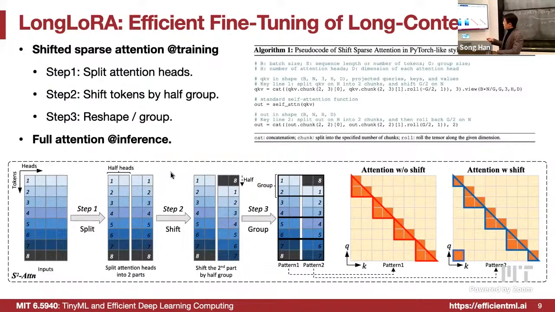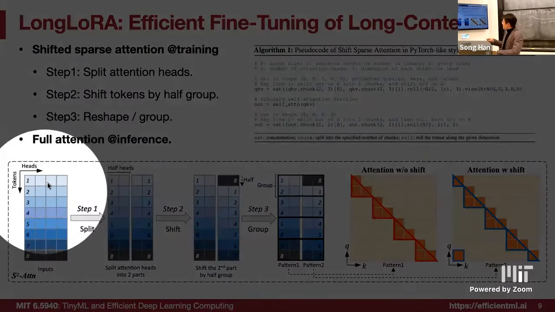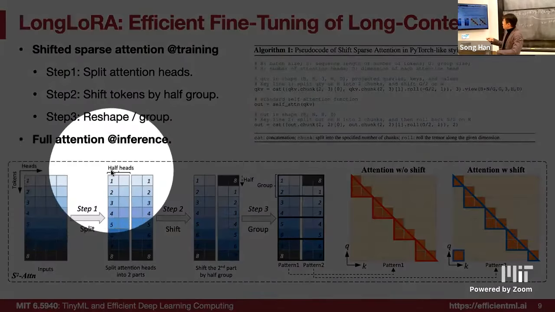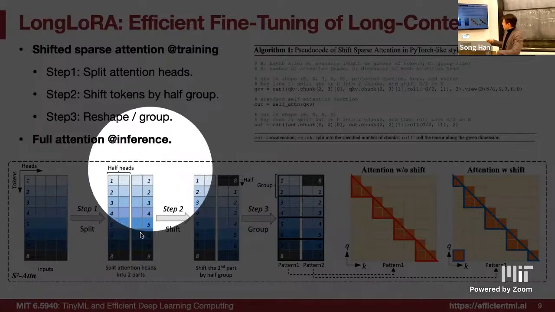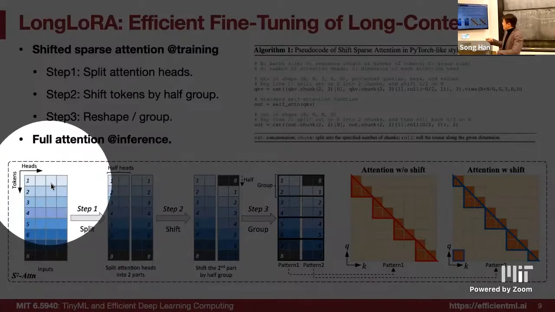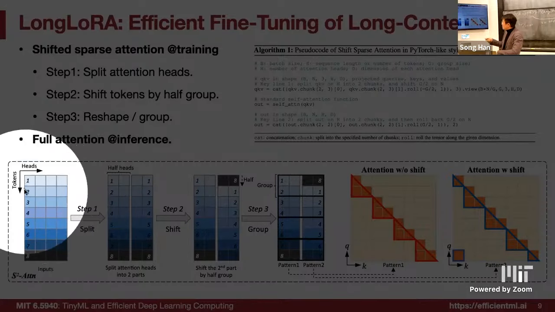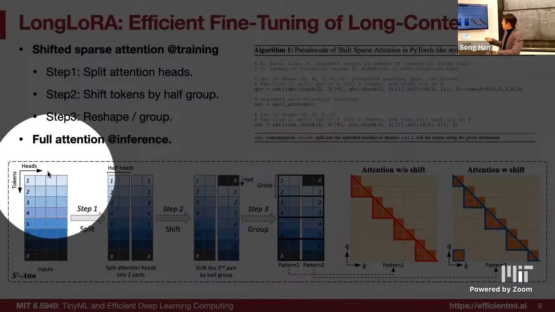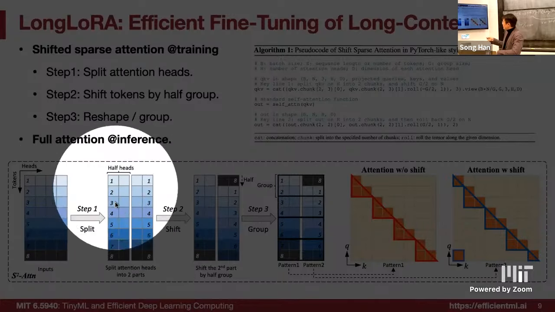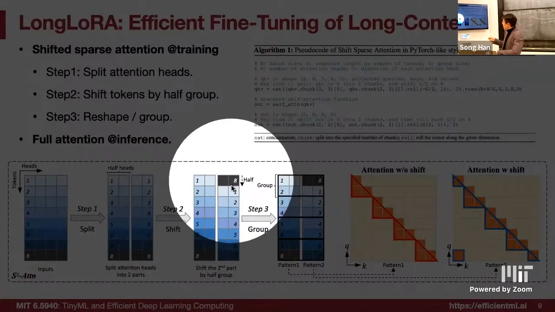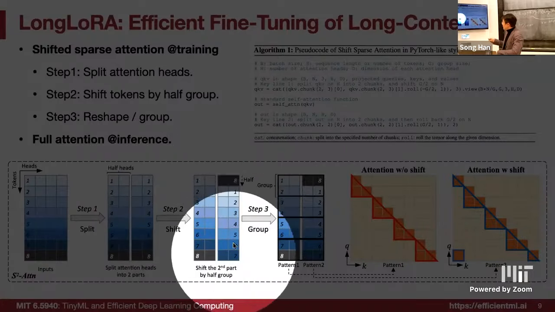Let me put it in more detail. How do we implement the shifted sparse attention? We first divide the heads by 2, half of the heads versus the other half. In this example, we have 4 heads and 8 tokens. We first split by half, and then we shift half of the heads.